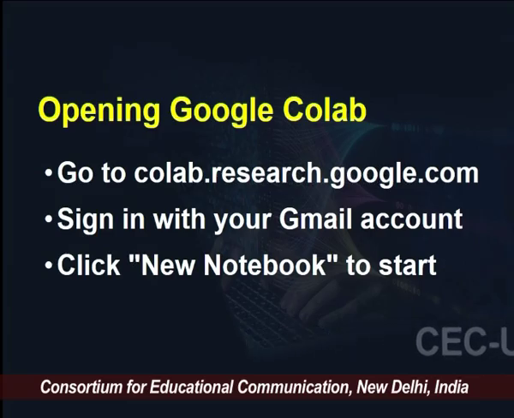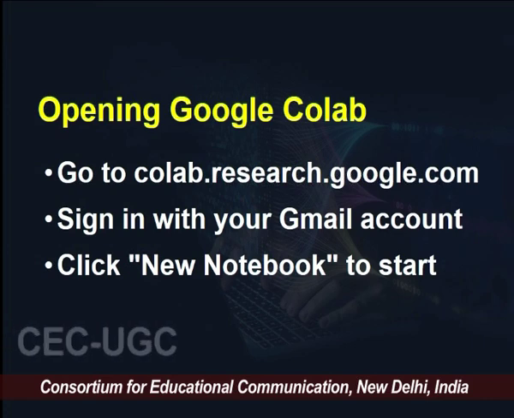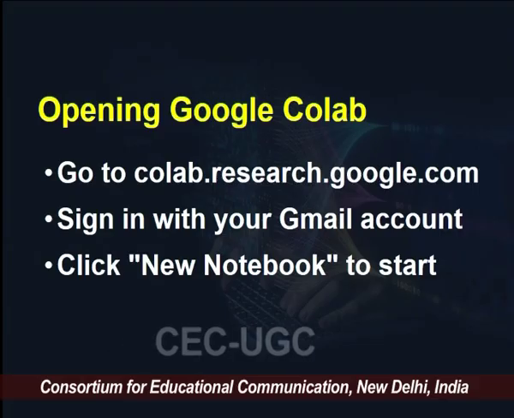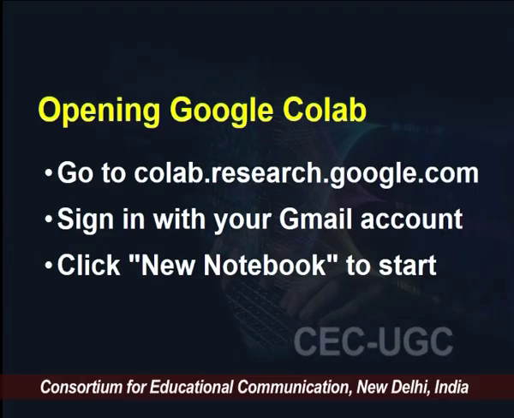The only requirement to use Google Colab is to have a Google account. So, sign in with your Gmail account, and the welcome window will have a tab which shows New Notebook. If you hit New Notebook, you would get a Google Colab window with a text cell or a code cell, where you will input your code and run it.